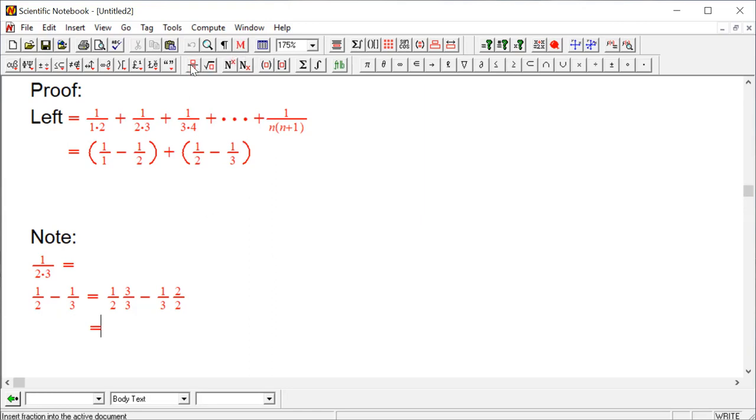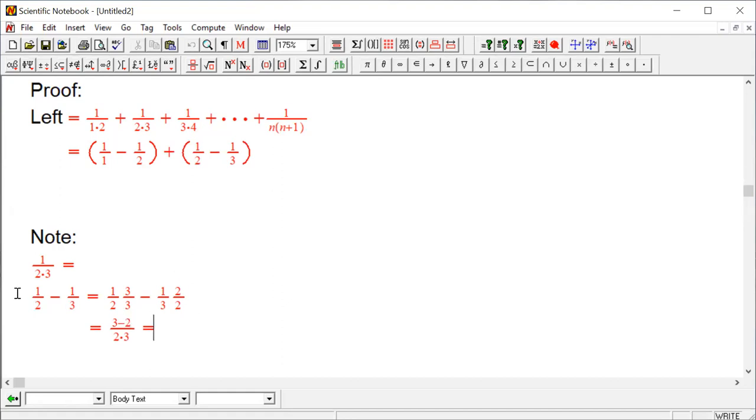You have the same denominator, which is 2 times 3. I'm not multiplying them, okay? We don't need to. And 2 times 3 in the denominator, the numerator is 1 times 3, that's 3 minus 2.